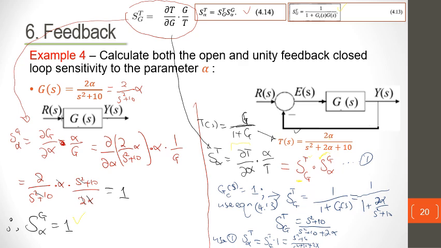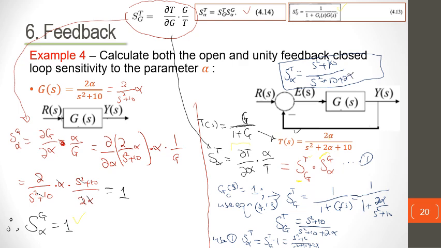So our answer, if you write it clearly in this box, the sensitivity of the closed loop with respect to alpha is simply S squared plus 10 over S squared plus 10 plus 2 alpha.